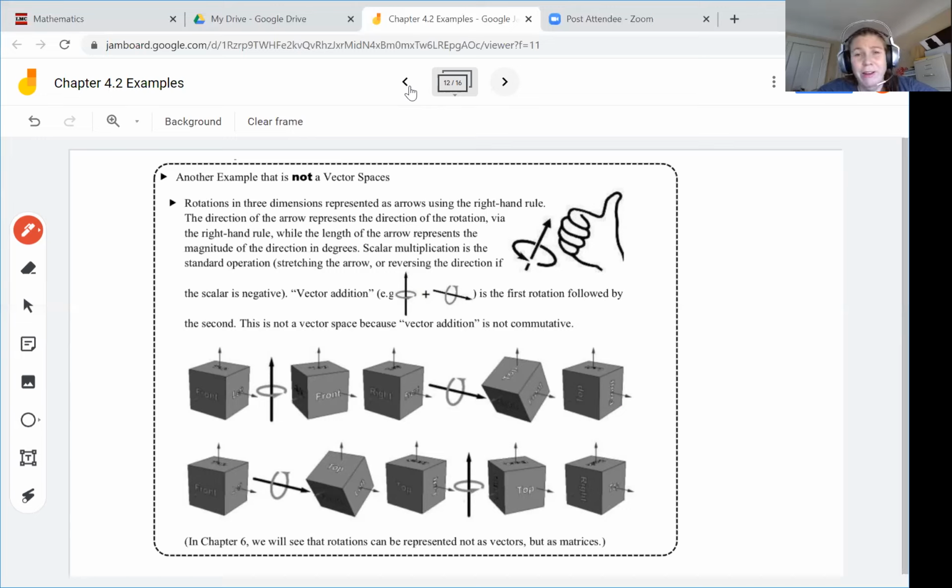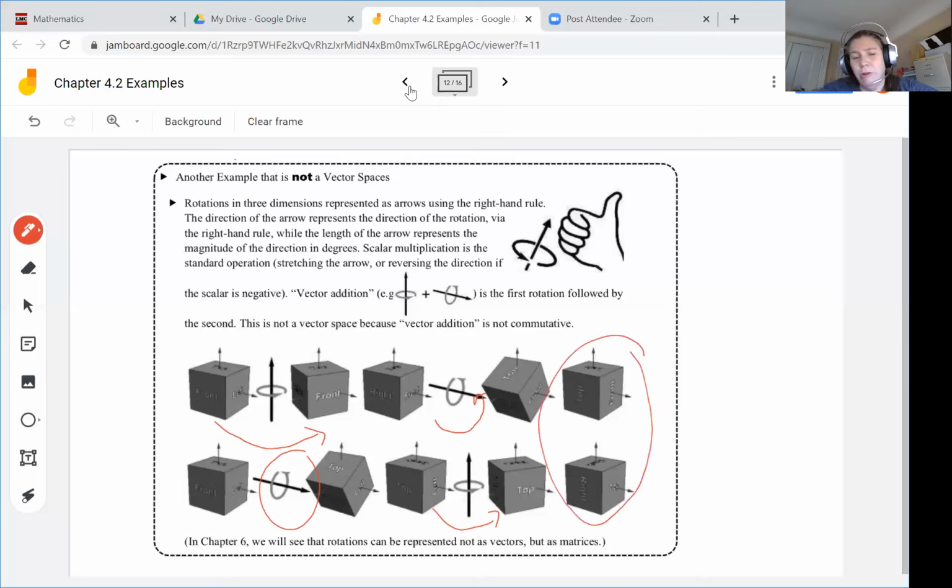This is not a vector space because vector addition is not commutative. If you first look at this box and we rotate the front from this position to that position, angled at a different angle, and then we rotate the box around this way, where the top is now angled, then it's not the same as if we first rotate the box so the top is angled, and then rotate this way, because you end up, as you see, with different final pictures.